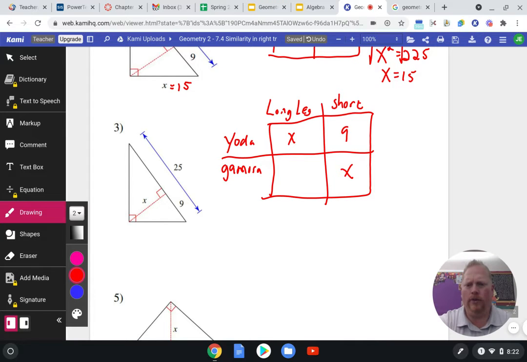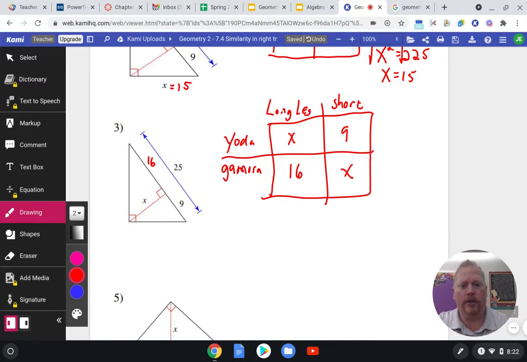I'm not dealing with the Hulk triangle, but something that I can do, if I know that that entire hypotenuse is 25 and just part of it is 9, I can do some simple subtraction and say that this part here is 16. So I know that that 16 is the long leg in the Gamora.